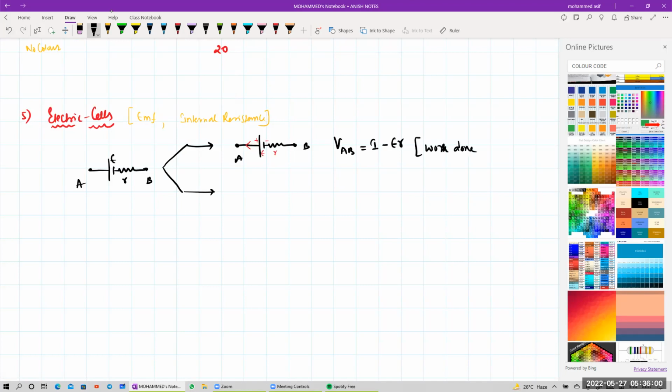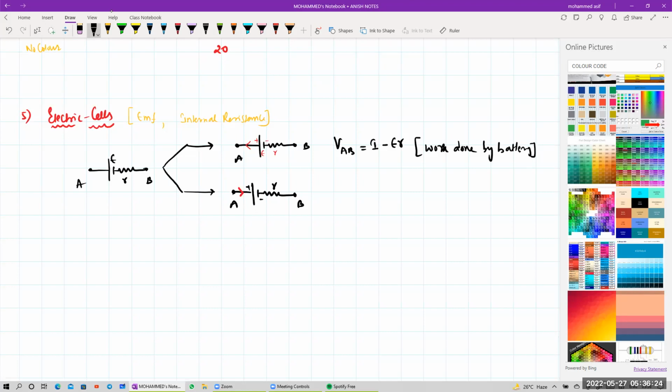Work done by battery. Got it? If the battery is something like this, this is terminal B, this is your terminal A, positive terminal, negative terminal, internal resistance. And the current is flowing inward right now. That means it will be what?